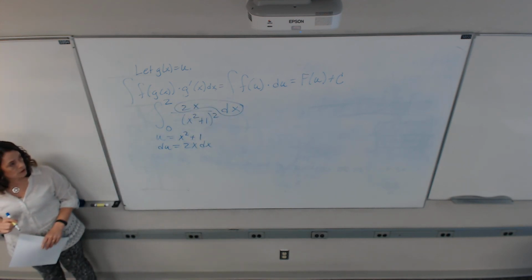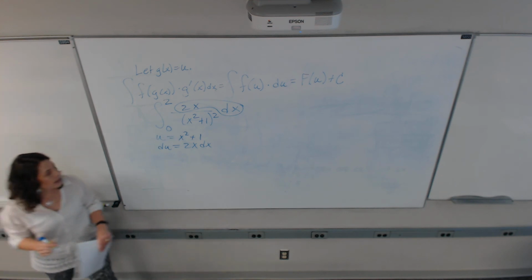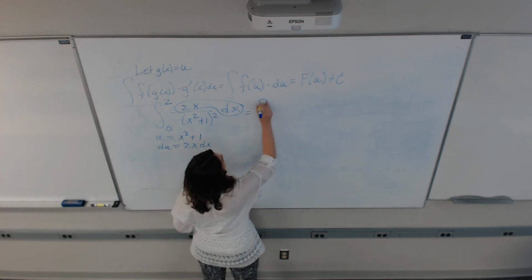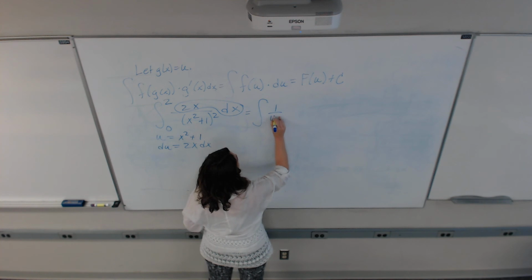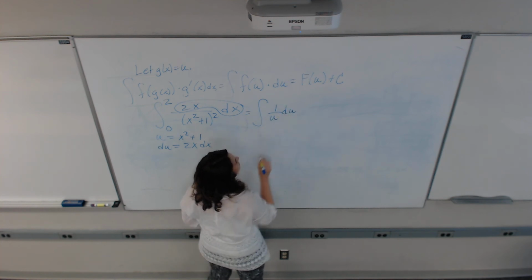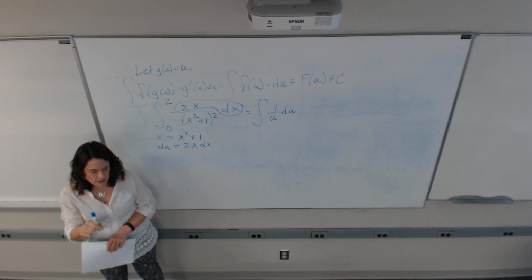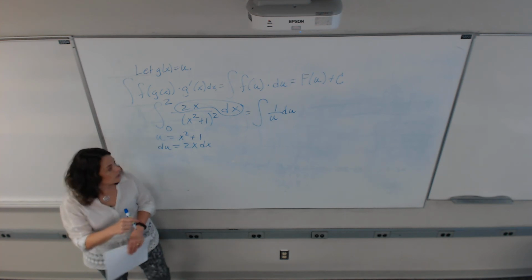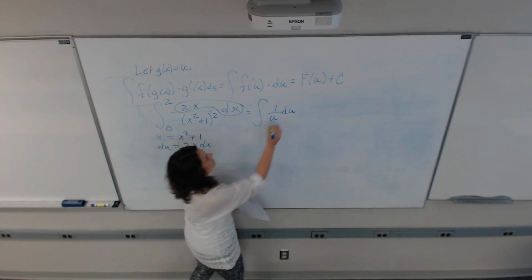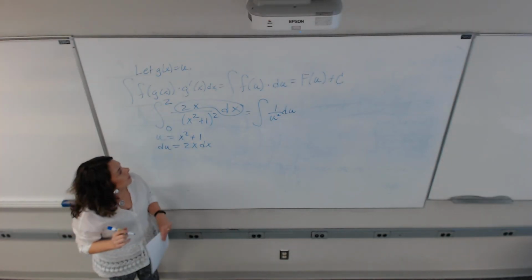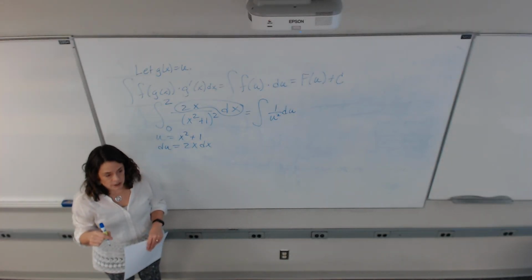I like to circle them. We're going to rewrite it. This becomes the integral of 1 over u du. I've now switched in the integrand and the differential to u things. Would it be 1 over u squared? Oh, my bad. Yeah, 1 over u squared. But I'm not going to switch the limits of integration.